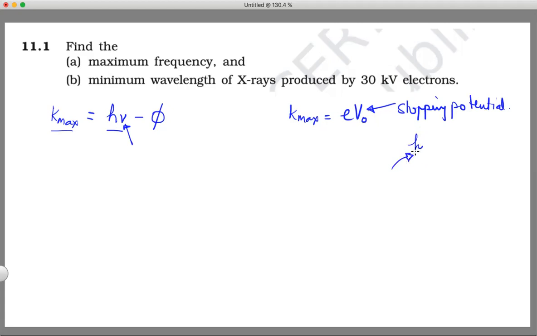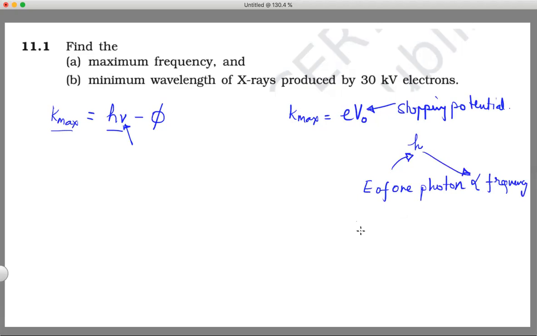It is just a constant of proportionality, because what Einstein found was that the energy of one photon is proportional to the frequency, and the constant of proportionality is h.